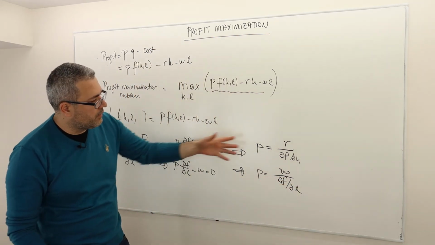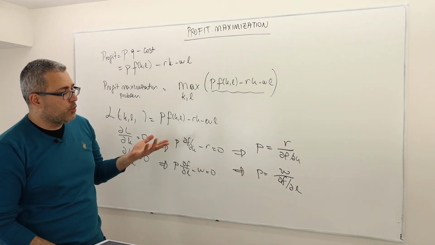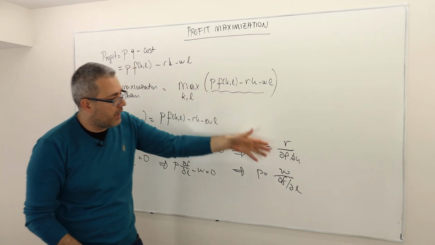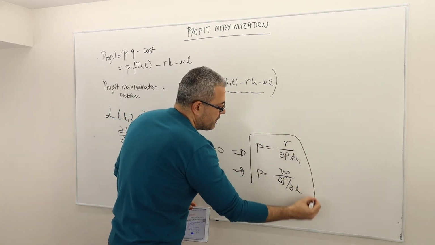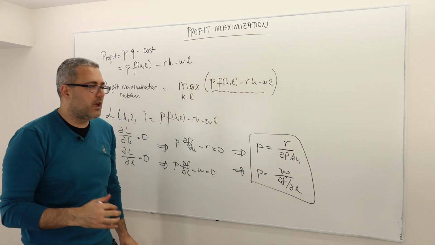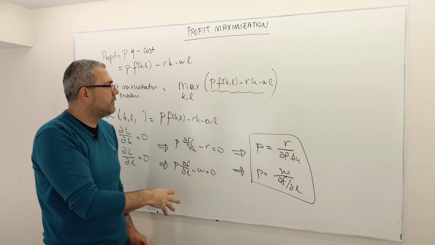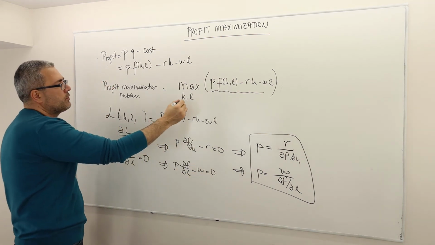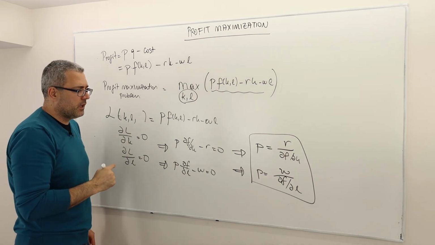So if you want, you can set them equal. But the thing is, you want to get K and L. So probably you have to solve these two equalities to find the values of K and L. These are the choice variables, and hence these are the unknowns that I would like to find.